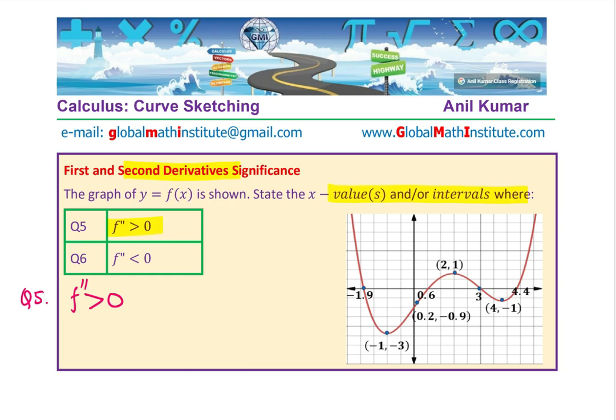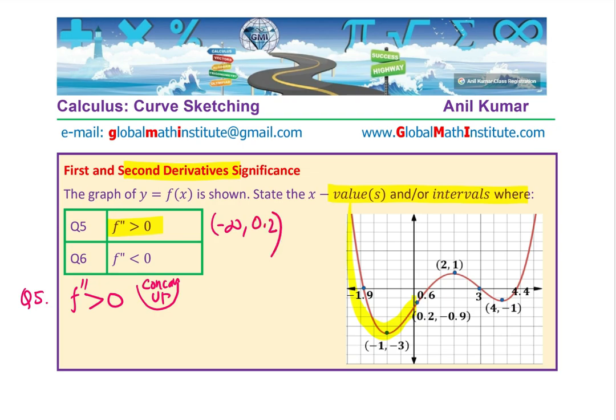Well, if second derivative is greater than 0, the graph will be concave up, right? That is what it is. So concave up. So we see that the graph is concave up, like from here to there, right? So that is a point of inflection. So we can write down our first interval here from minus infinity to the point given to us, 0.2.